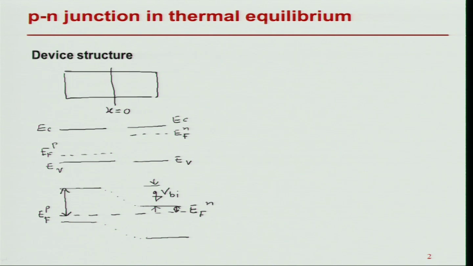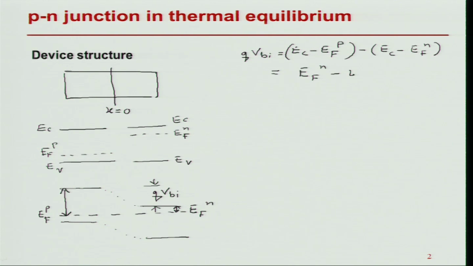So, even if I just look at it pictorially, I can say that my built-in potential is equal to EC minus EF on the p side minus the EC minus EF on the n side, or this will equate to EF on the n side minus EF on the p side.